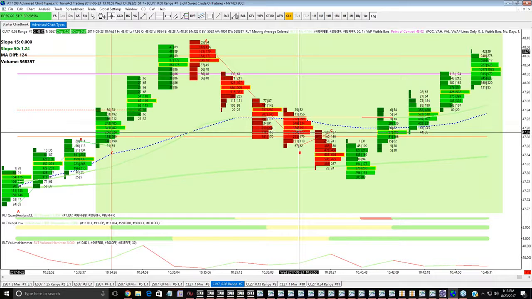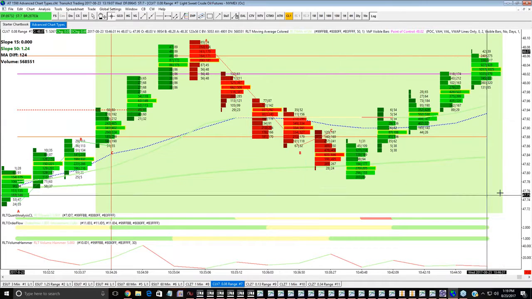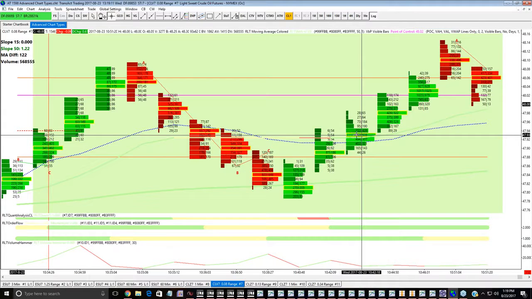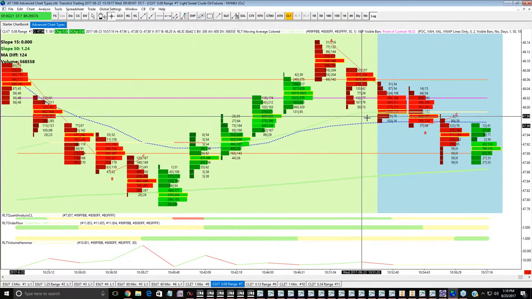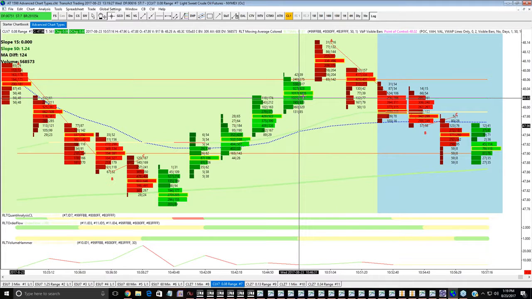Now this yellow encircling a volume is the point of control of each candle. And obviously it's always going to be one of the lightest tick values on the chart, and is going to be where most volume is crossed.